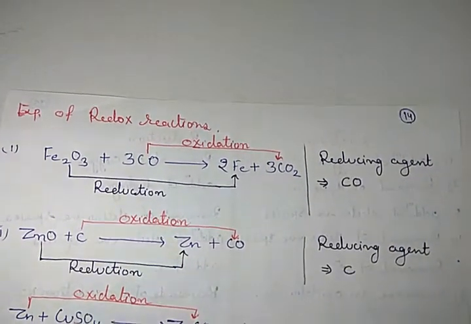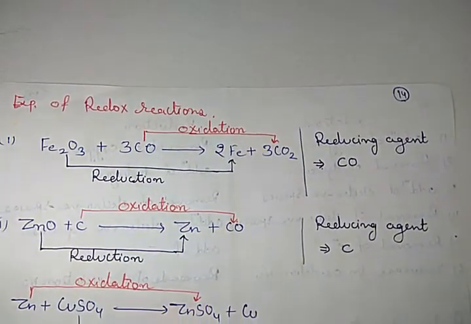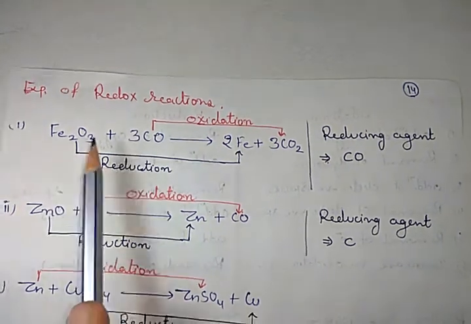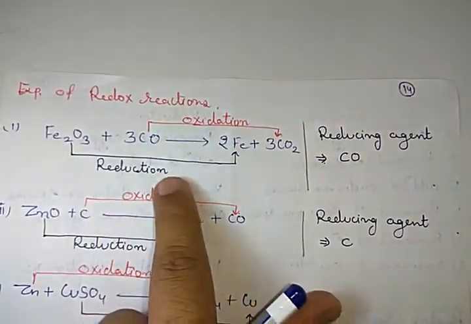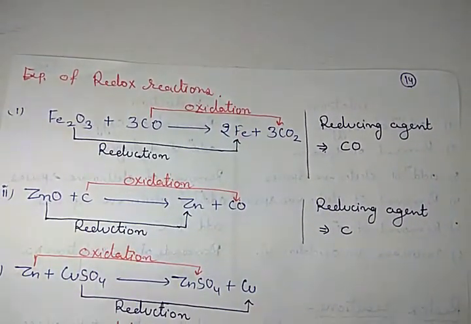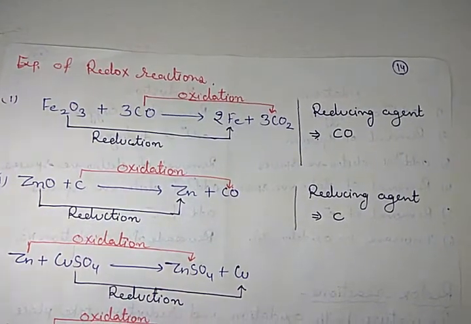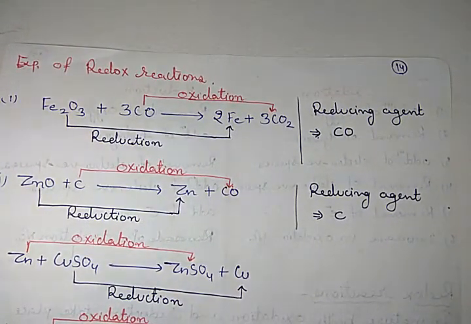Now, the most important part of oxidation and reduction: we have to find out which substance is going through the oxidation process and which is going through the reduction process. When reactions are given, we have to find out which substance is oxidized and which is reduced.